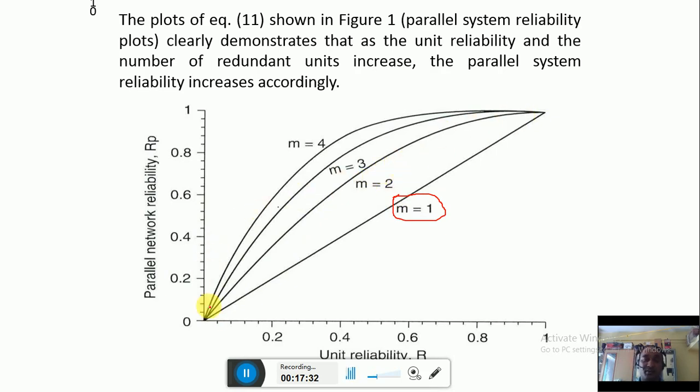If you are using three components, again the reliability is increasing at a very rapid pace. With four, and even if you add the fifth component, the reliability will be like this. It means that with minimum components we are going to attain reliability near to 1 using parallel configurations.